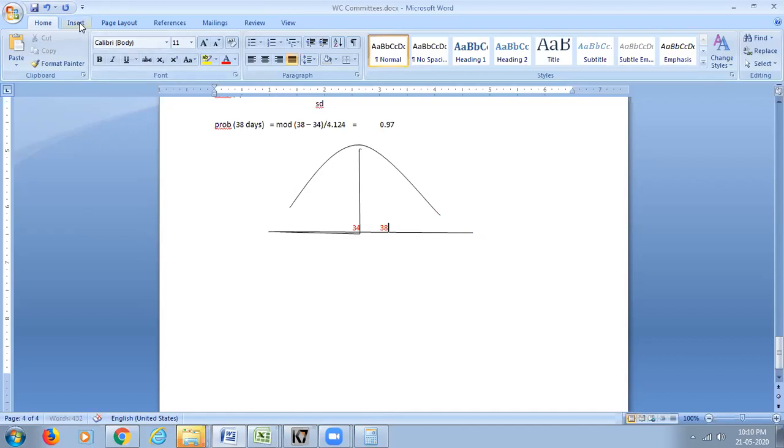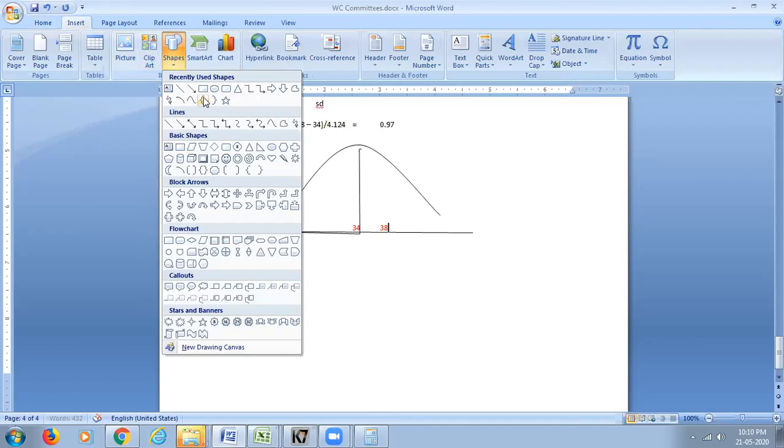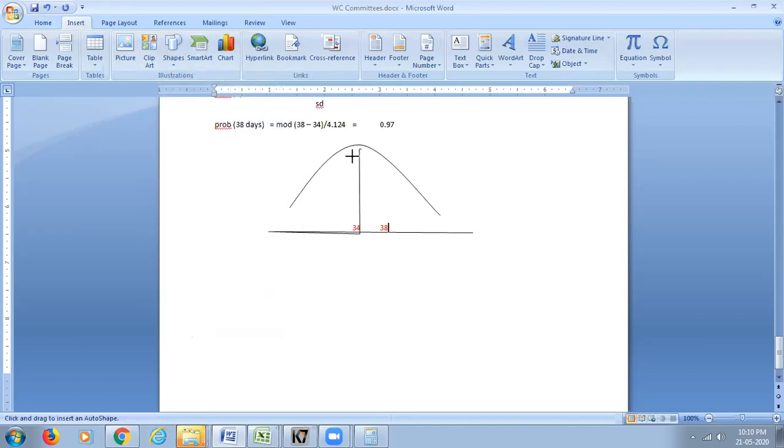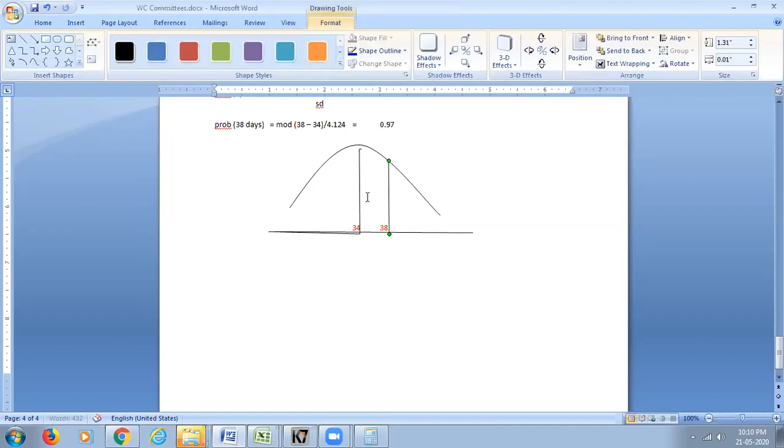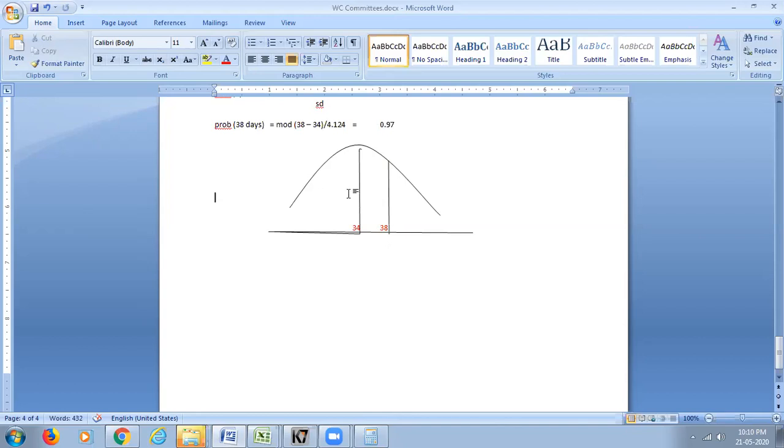So 38 minus 34, you have got that 0.97. The area you're going to find is for this part. This is the area you require.